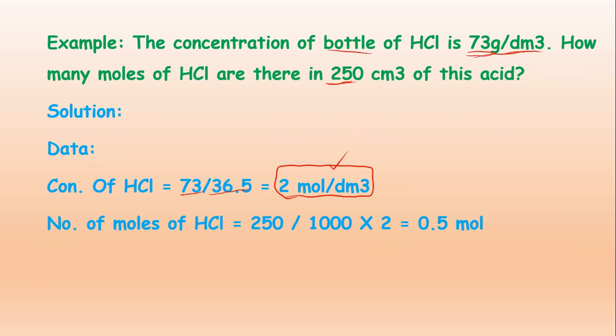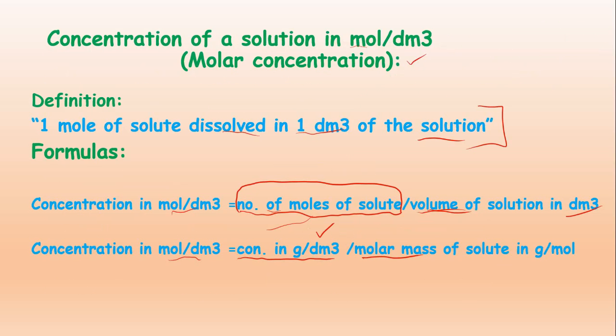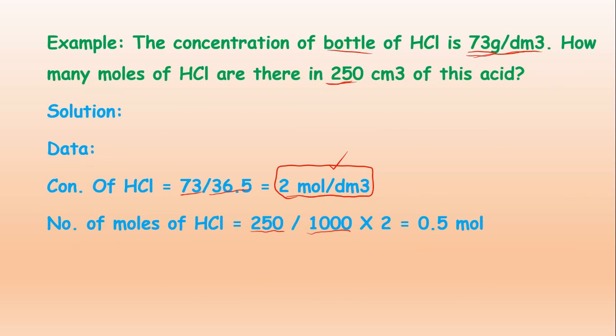For the number of moles, 250 divided by 1000 gives the volume in dm cube, and then we multiply it by 2, which is the concentration in mole per dm cube. So the answer is 0.5 mole. These 0.5 are the moles of this HCl.